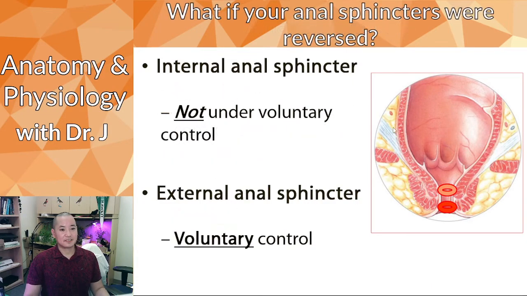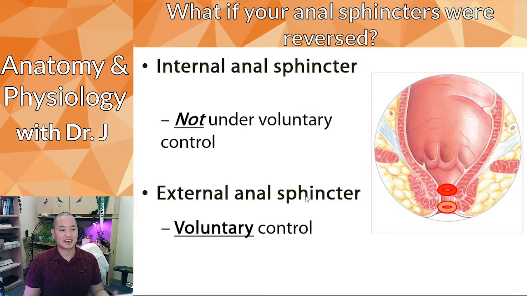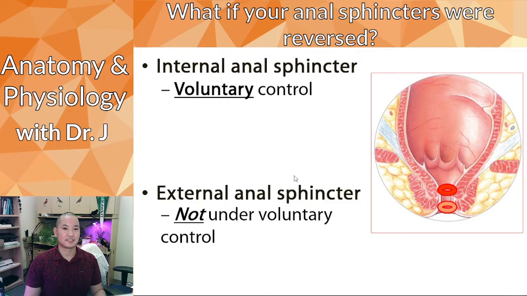Now, why do I make such a big deal that the internal is smooth muscle and the external is striated, voluntary muscle? Say you switched it around. Okay, let's switch this around in a theoretical person, and now we have voluntary control of our internal anal sphincter, but the external anal sphincter is not under voluntary control. So say we detect something here and we let it go, and we're like, okay, let's relax this internal anal sphincter.